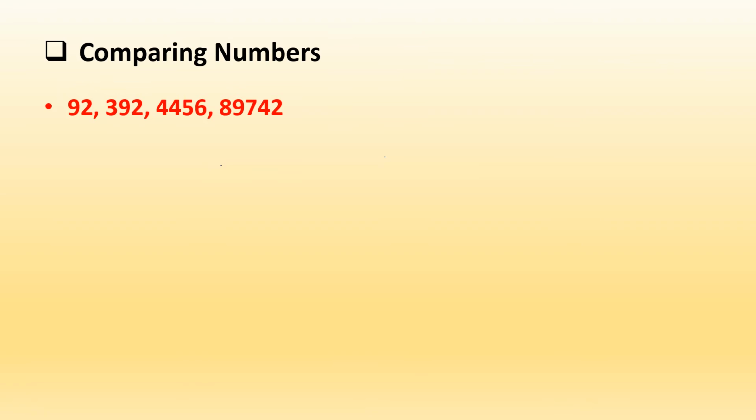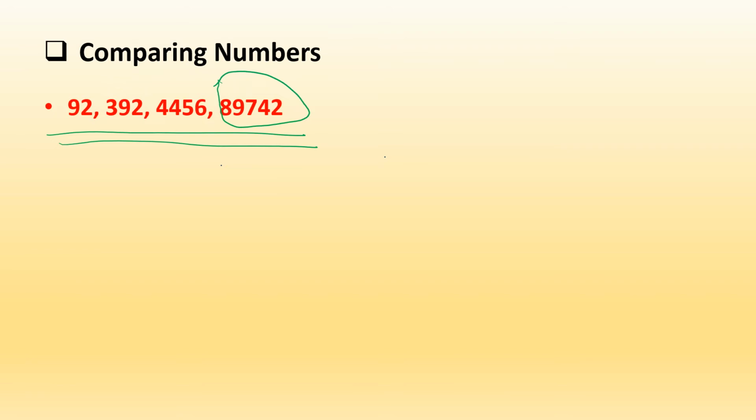So, if two numbers contain an unequal number of digits, then the number having more digits is greater than the number having fewer digits. So, you can easily tell me which is the largest among these numbers. You can easily say this is the largest number in this group of 4 numbers, right?